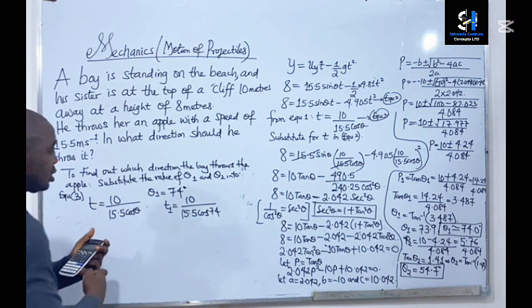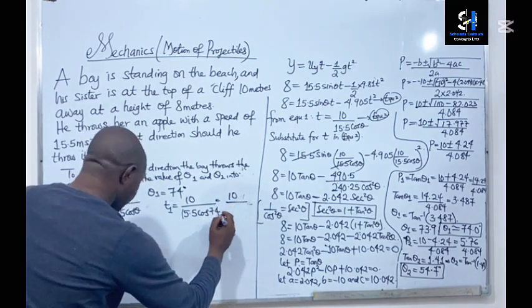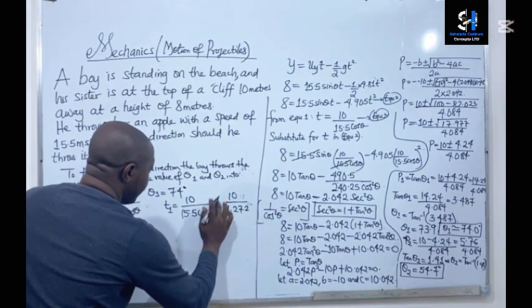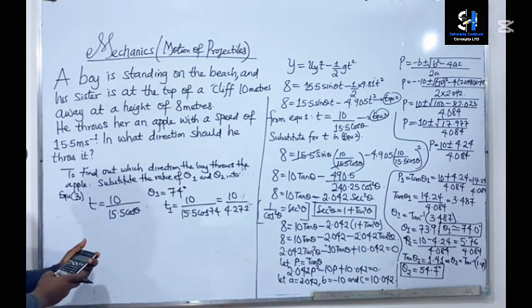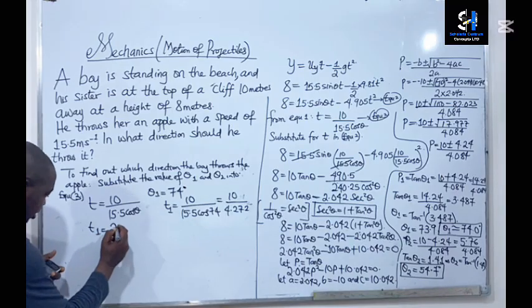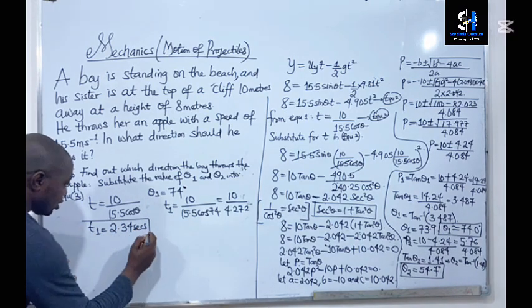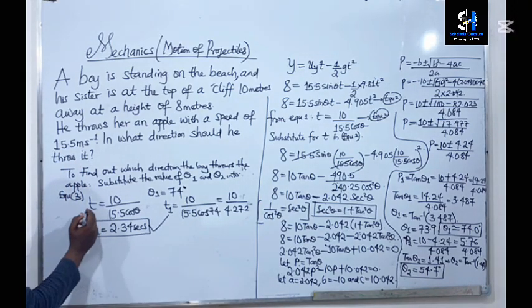That'll be 4.272. So what is 10 divided by 4.272? The time is positive. So this is 2.34 seconds. This is mathematically possible.